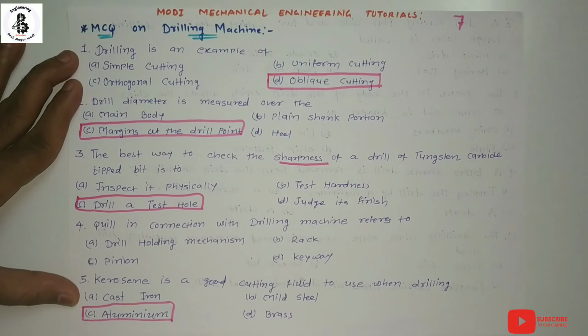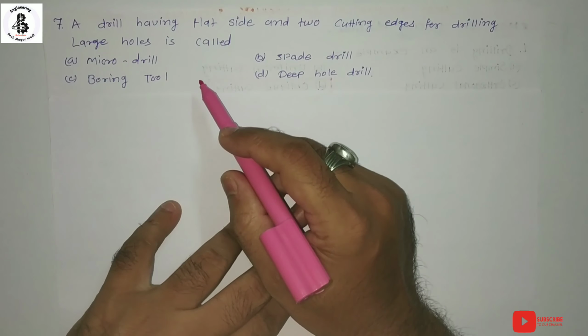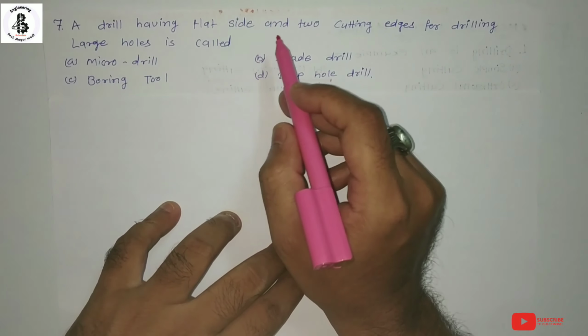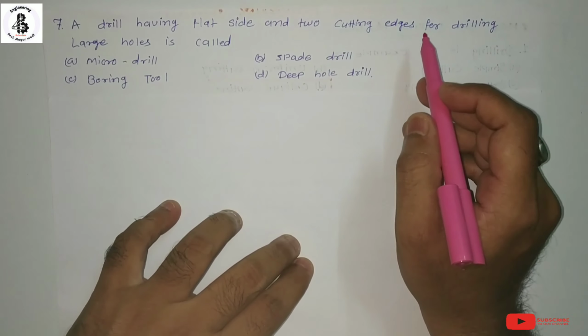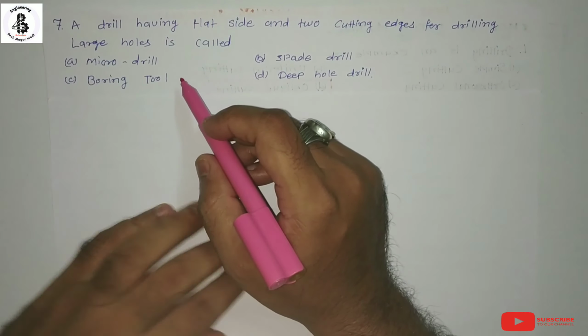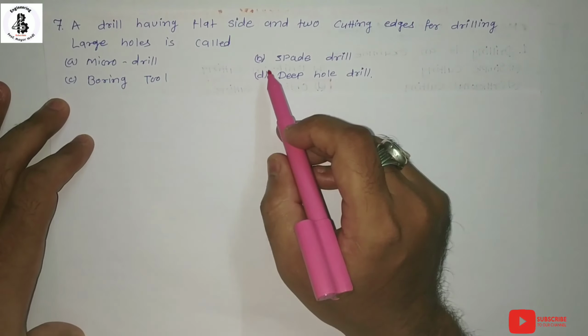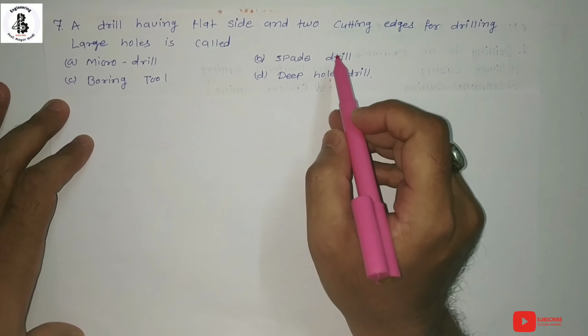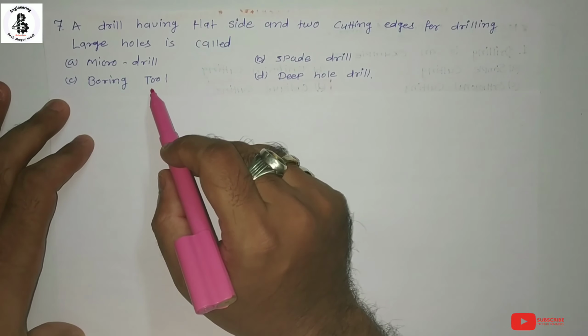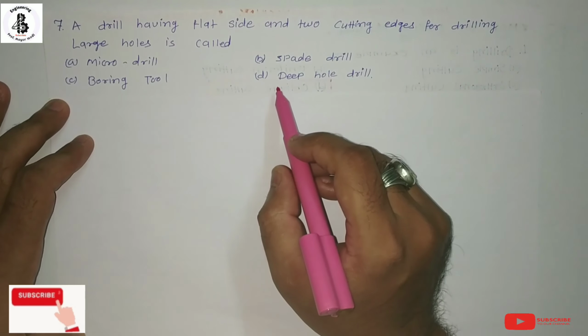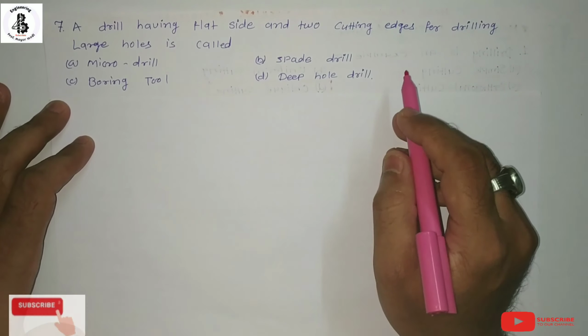Then next question. A drill having a flat side and two cutting edges for drilling large holes is called a, option A micro drill, option B spade drill, option C boring tool, and option D deep hole drilling.